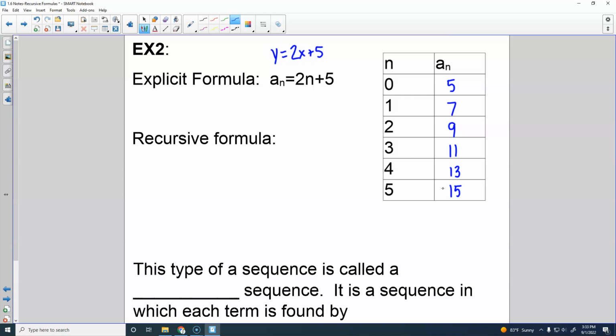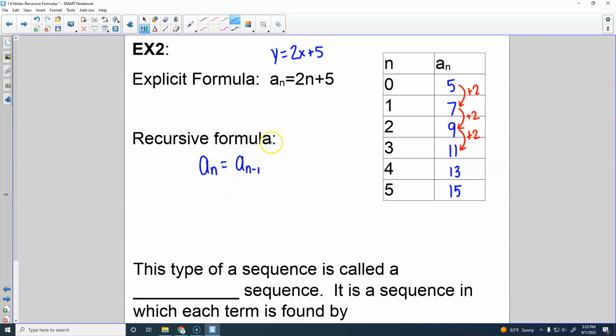So for this recursive formula, when we're looking for what's happening here each time, we can see this time instead of multiplying each term by 2 to get the next term, we are actually adding 2 to each term. So if we write a recursive formula for this, we would say a sub n equals a sub n minus 1 plus 2.